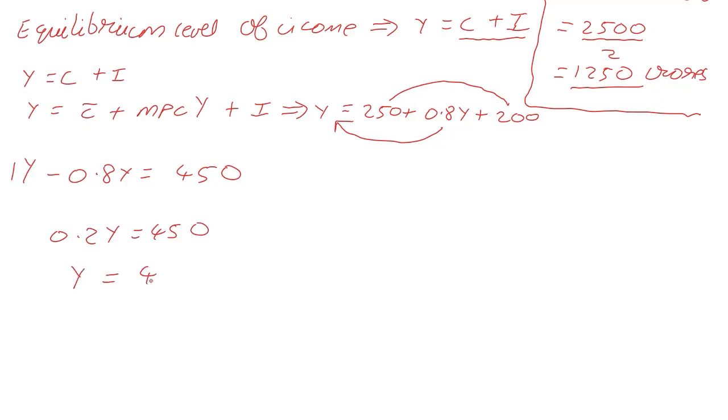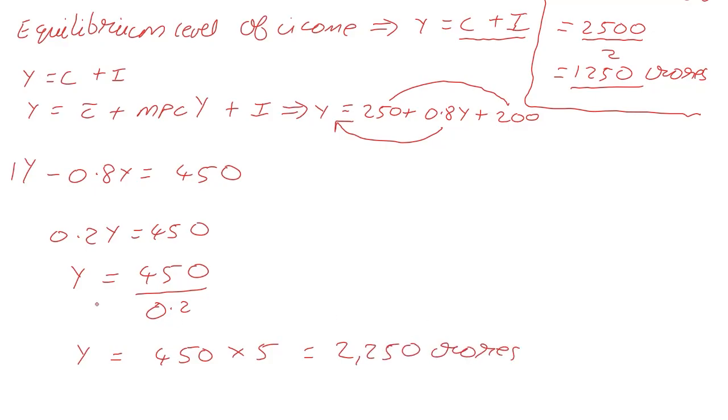Y is equal to 450 upon 0.2. Keep in mind it is multiplication, goes to this side, it becomes division. Then we end up with Y is equal to 450 into 5, since 1 upon 0.2 is 5. You do the math and you'll end up with 2,250.